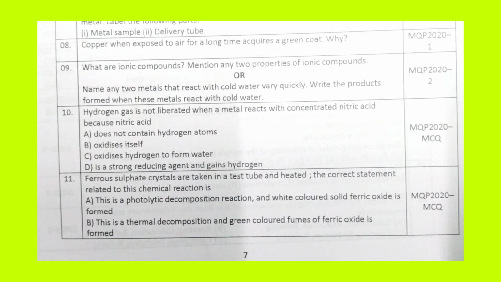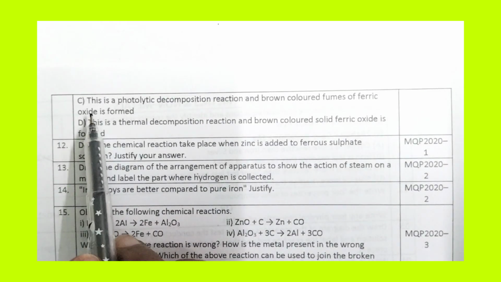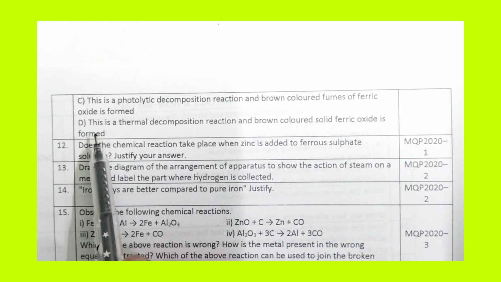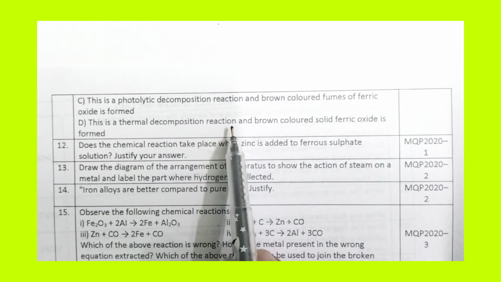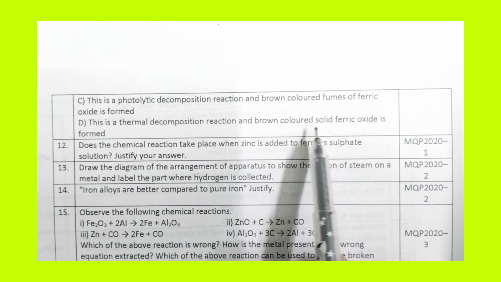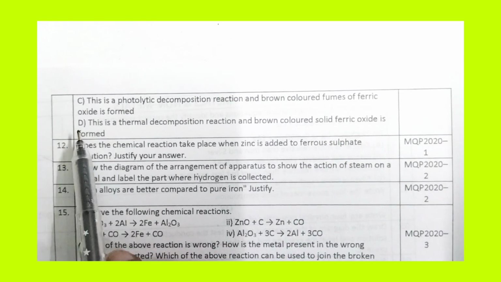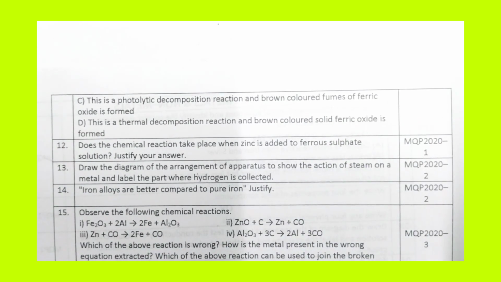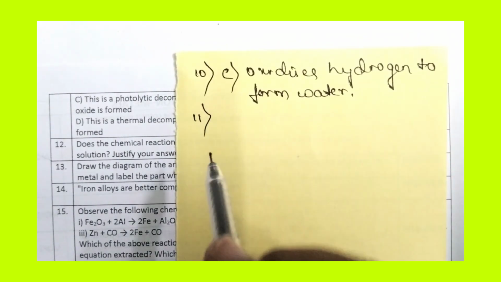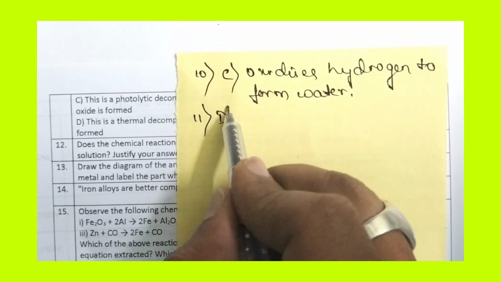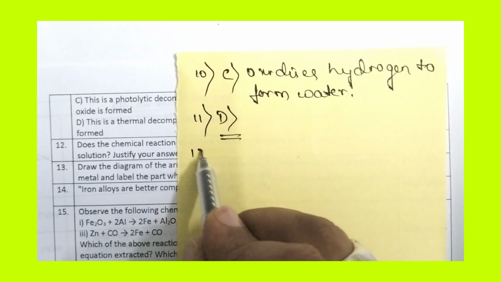Now let us see another two choices. Then the third option is, this is a photolytic. No. This is a thermal decomposition reaction and brown colored solid ferric oxide is formed. Yes, the right answer is option D. So for the 11th question, the right answer is option D. Now let us move to the 12th question.